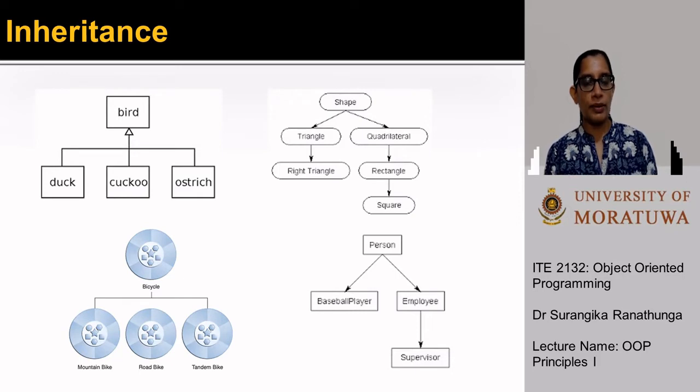You might know that some birds cannot fly. So in the bird superclass, we should not have any method corresponding to fly. The birds that can fly will have this additional method on top of the common bird properties. That is what we mean by extending a base class by a child class or a subclass.